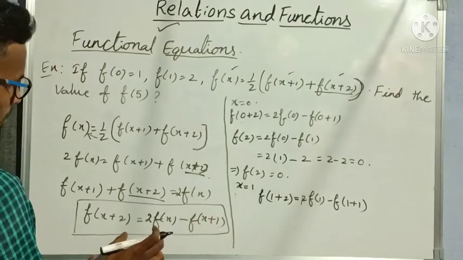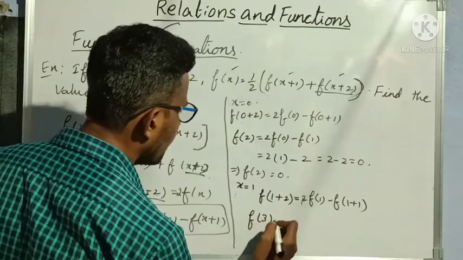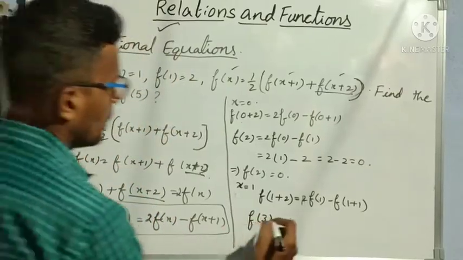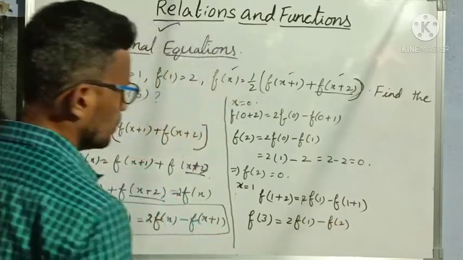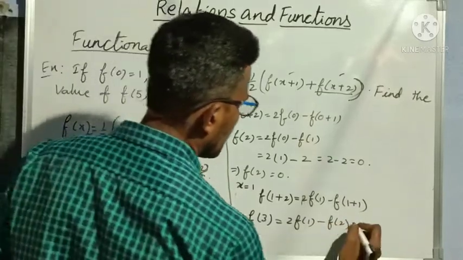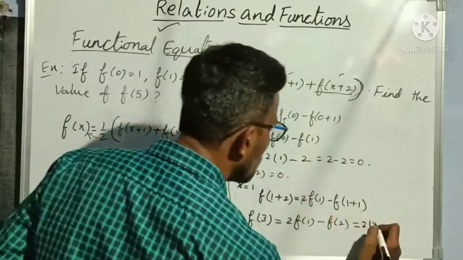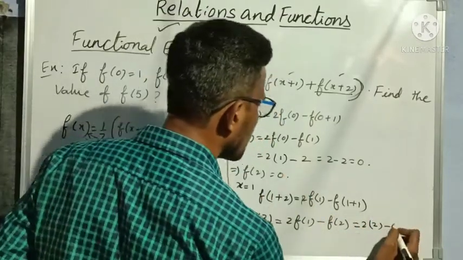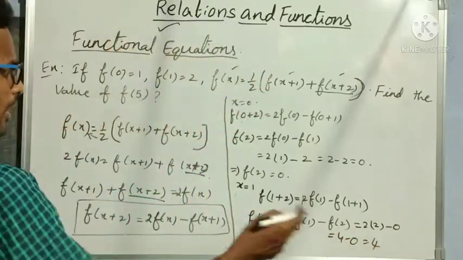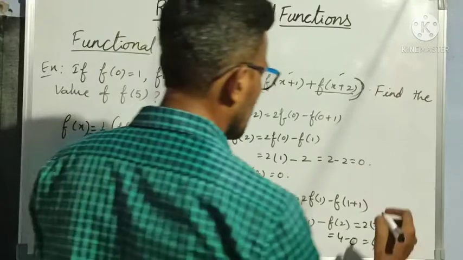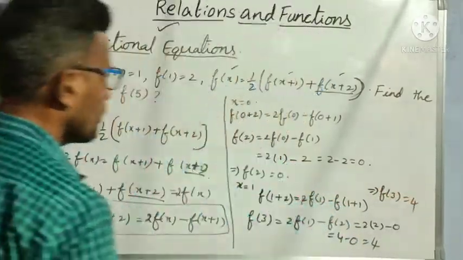In this equation I am substituting x value as 1, so that I will get f(3) is equal to 2 times f(1) minus f(2). So that is equal to 2 times f(1), where f(1) value is 2, minus f(2) value is 0. So that is equal to 4 minus 0 is 4. So I got f(3) value as 4. So this implies f(3) is equal to 4. Okay, up to here everybody understood?